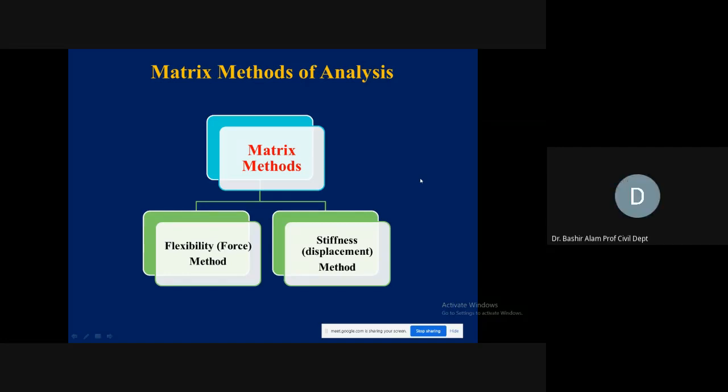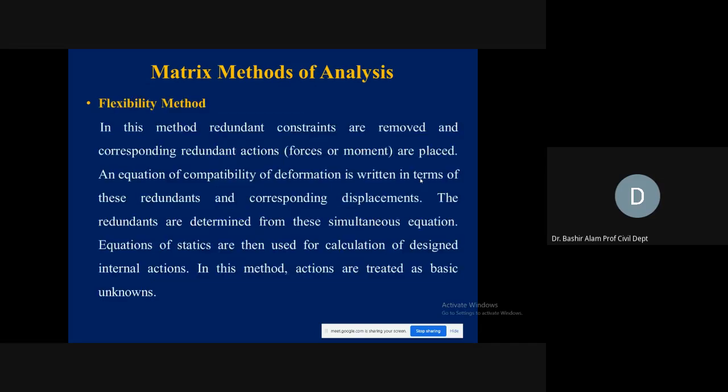Matrix methods: now again, flexibility or force method, and the stiffness and displacement method. Again, the flexibility method we discussed, so it should be in the back of your mind what we were doing. Revision of this one: in this method, redundant constraints are removed and corresponding redundant actions, forces or movements, are placed.